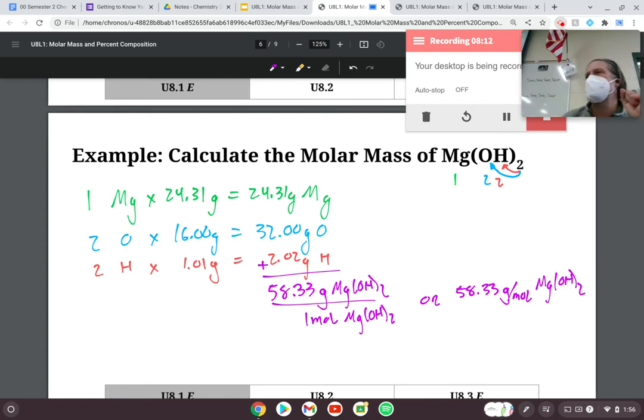You had 1 magnesium times its mass, 2 oxygens times its mass, 2 hydrogens times its mass, and then you should add it up to get like 58.33 grams per mole-ish.